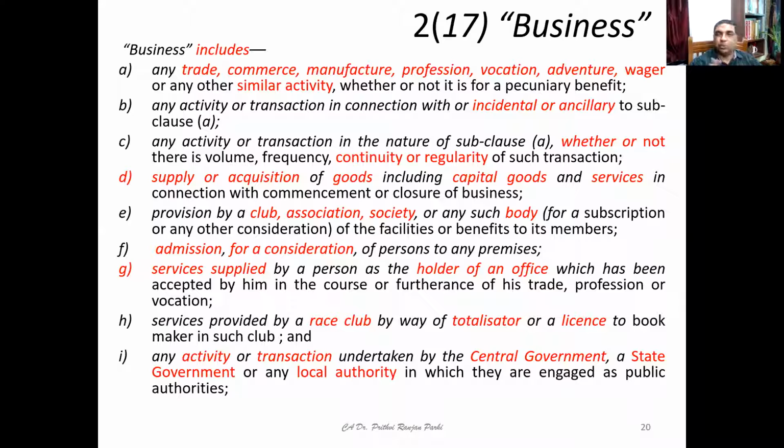Friends, this is the meaning of business, which you have already discussed earlier in some other sessions. So I'm not going to repeat that. But you need to go through it, you need to have a complete idea about the term business.